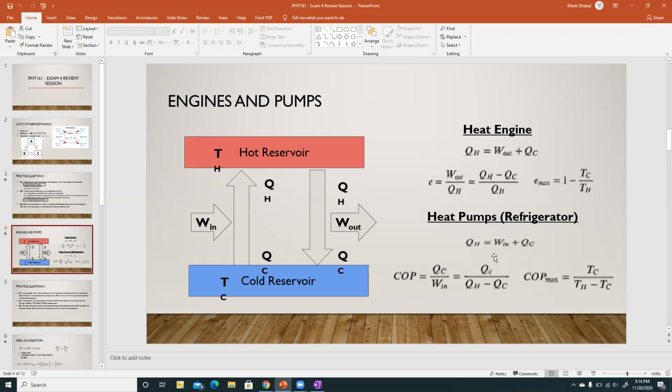So the formula is somehow reversed, but not exactly reversed, because here the denominator is the heat of the hot reservoir, while the numerator is the heat of the cold reservoir. So in terms of temperature, the coefficient of performance, or the coefficient of refrigeration, looks something like this. Okay.